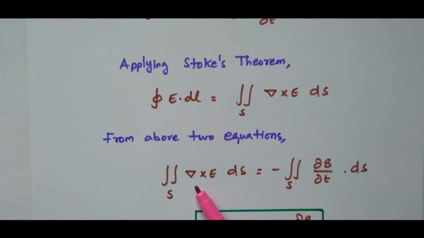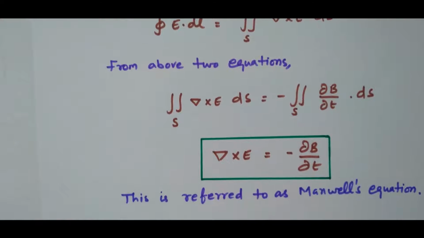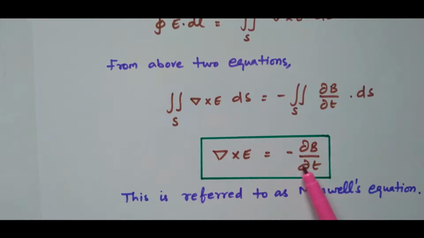Double integral del cross E ds equals minus double integral ∂B by ∂t into ds. The integral is available on both sides, so it can be written as del cross E equals minus ∂B by ∂t. So we got the expression in terms of electric field and magnetic flux density. This is also referred to as a Maxwell's equation.